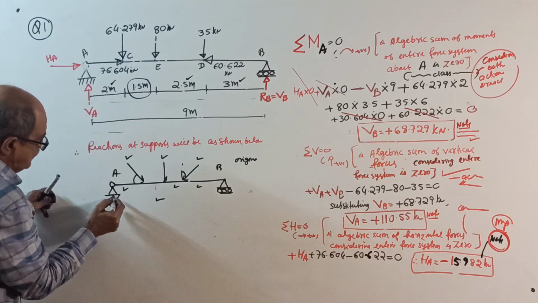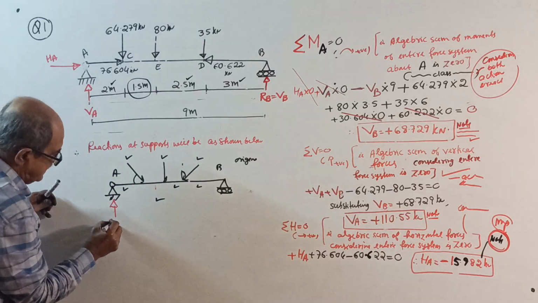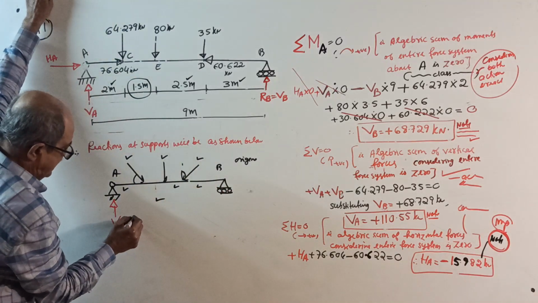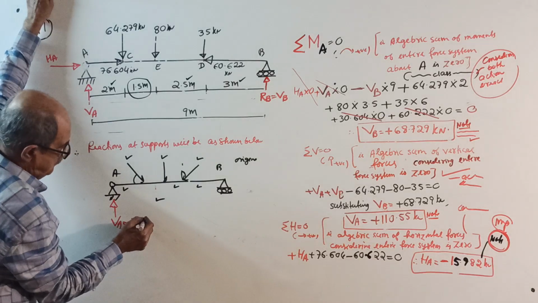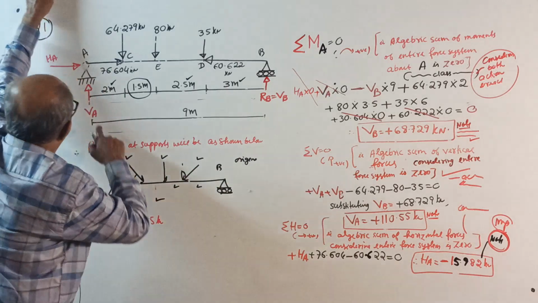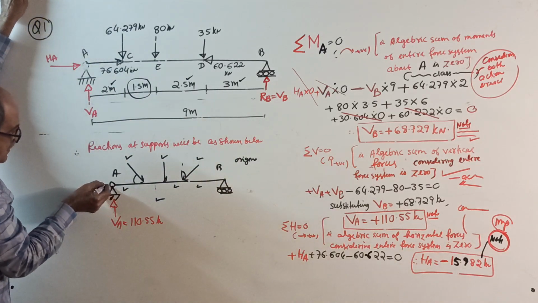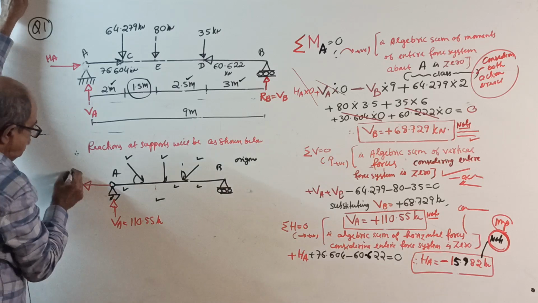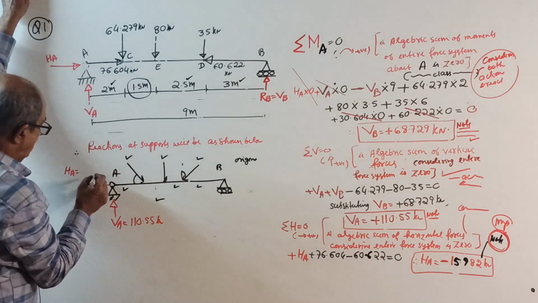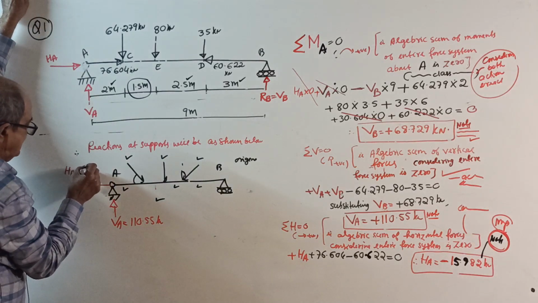VA, we assumed upwards. Correct. No sign now. What is the answer? 110.55 kilonewton. HA, we took right side, negative came, left side. No sign again. HA equal to 15.982 kilonewton.